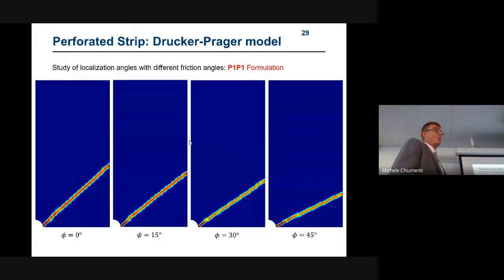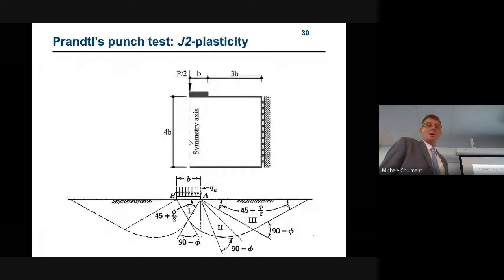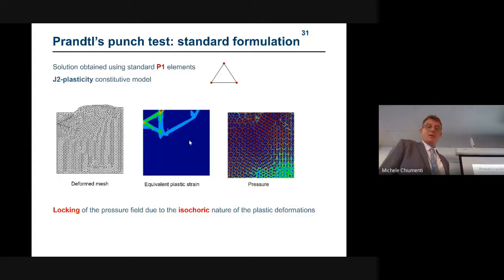Once again, if you try this with standard elements, you don't get this kind of solution. Impossible. This is another very classical example that we use to check our finite element technology, the Prandtl test. This is what happens if you use standard elements.